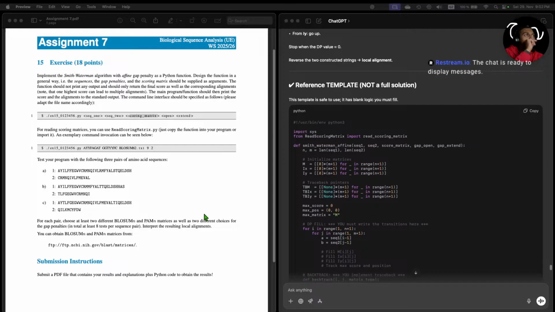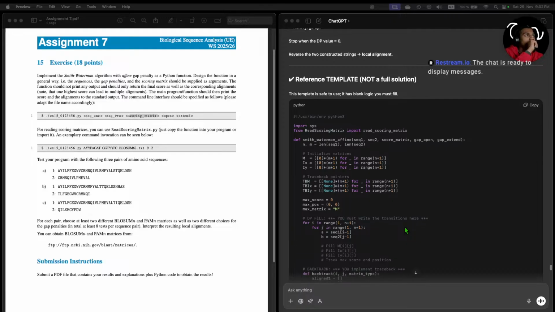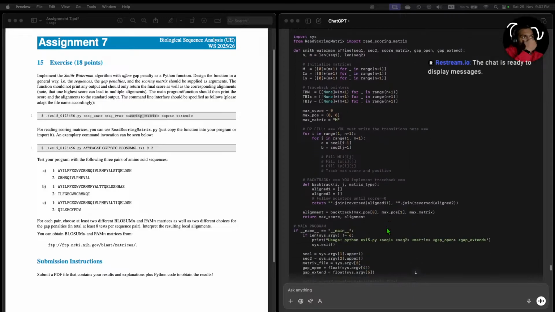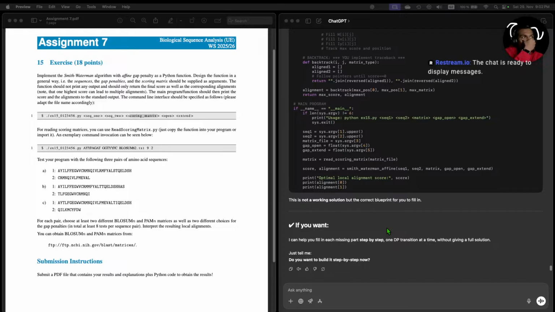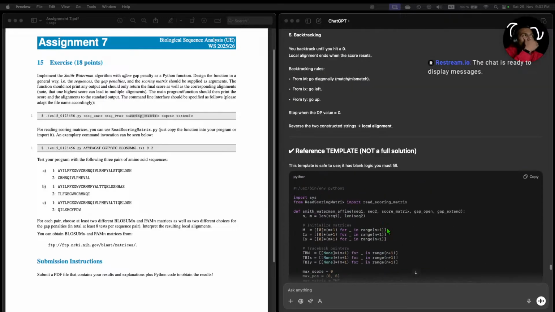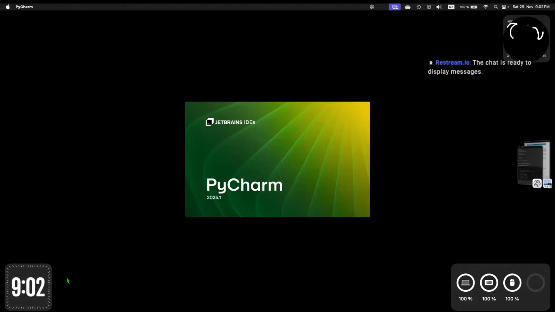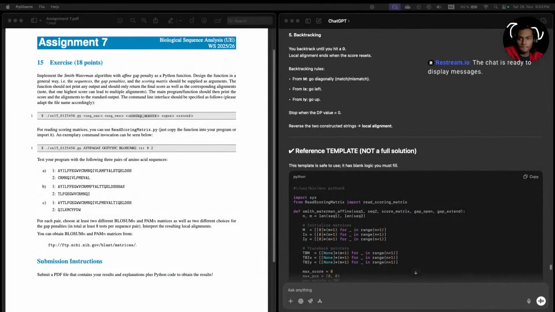What? Trace back pointers. What? Okay, I'll build it step by step.